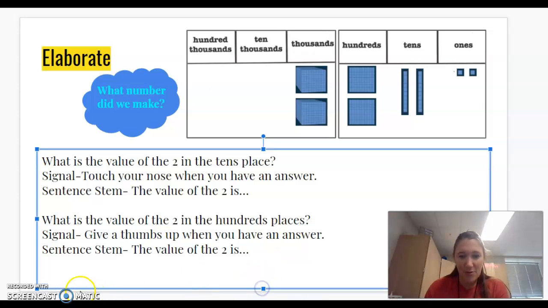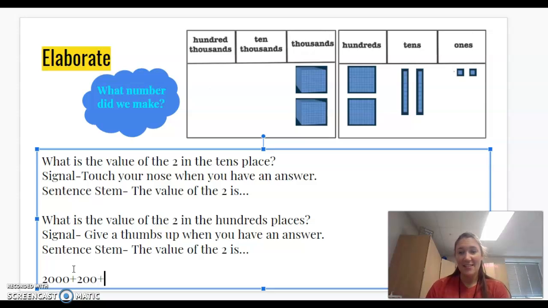This time I'm going to do the expanded form first. So we're going from left to right. Our value in the thousands place, since there are two 1,000 cubes, is 2,000. In the hundreds place, there are two 100 blocks, so our value is 200.